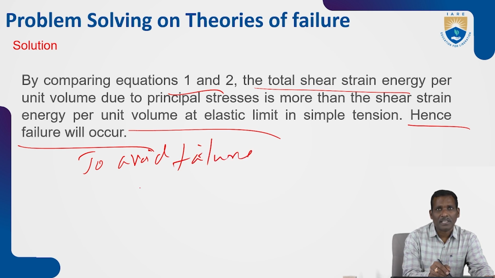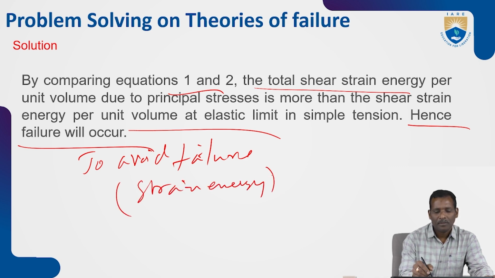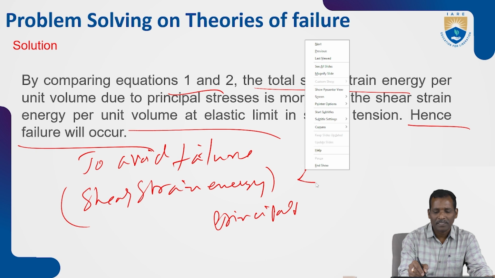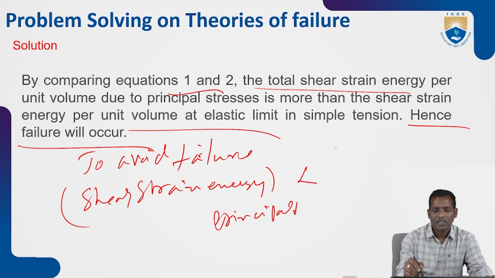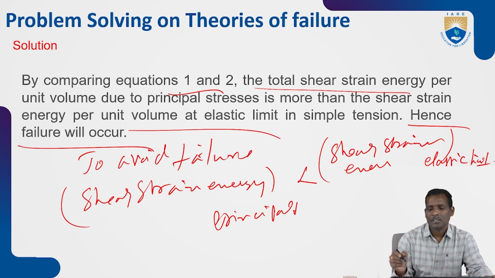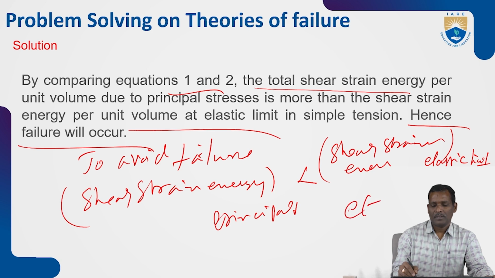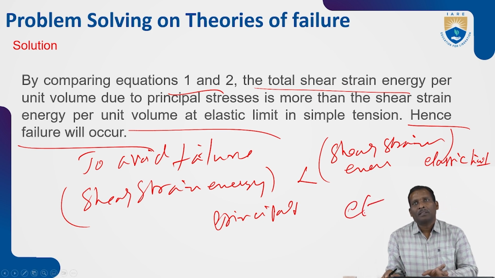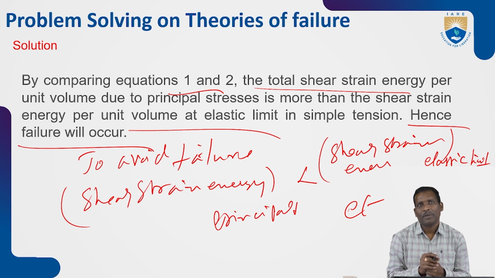The shear strain energy due to the principal stresses should be less than the shear strain energy at elastic limit in simple tension, then the component will not fail.